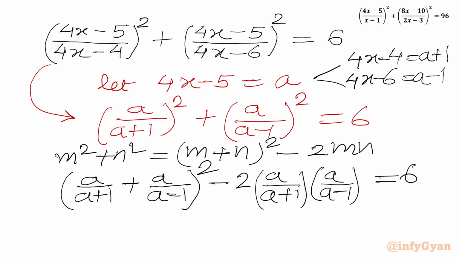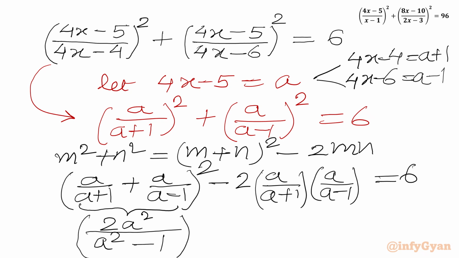Let's simplify. Once we will simplify this bracket, we'll get a square minus a plus a square plus a. So minus a plus a will be over. We will get 2a square over the denominator, a plus 1 times a minus 1. Using difference of two squares formula, we will write a square minus 1. And then we have to keep power 2.